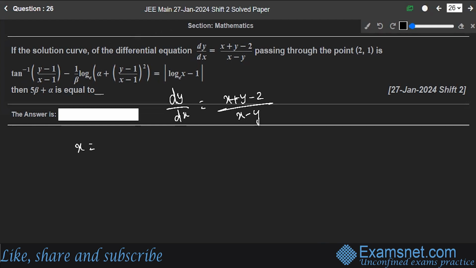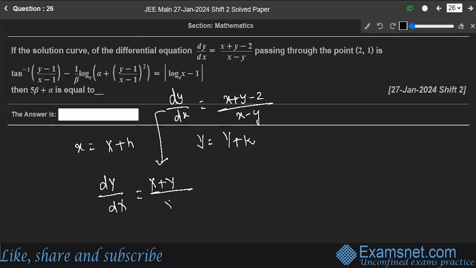Let's put x equal to x plus h and y equal to y plus k. So this equation can now be written as dy by dx is equal to this. Here h plus k minus 2 should be equal to 0 from the numerator.